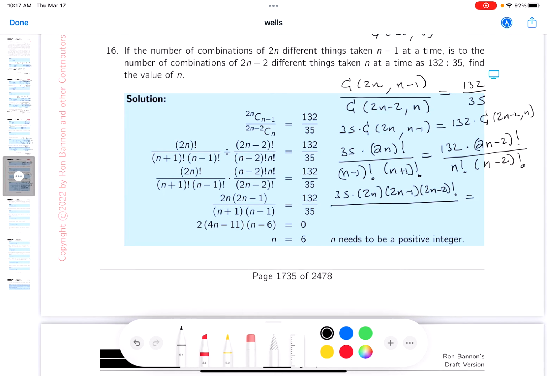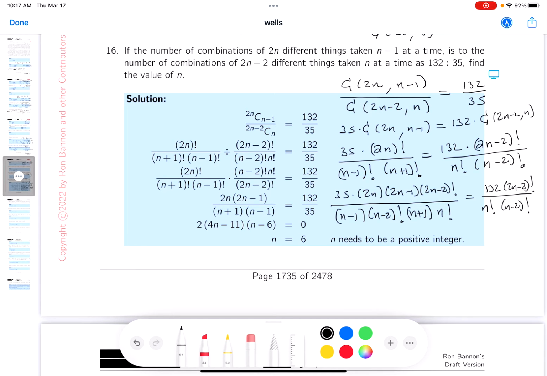That's a little expansion on top and on the bottom as well: n minus 1 times n minus 2 factorial. I'm just going down by 1. And then I have n plus 1 times n factorial. And what's that going to equal? 132 times 2n minus 2 factorial, n factorial, n minus 2 factorial.